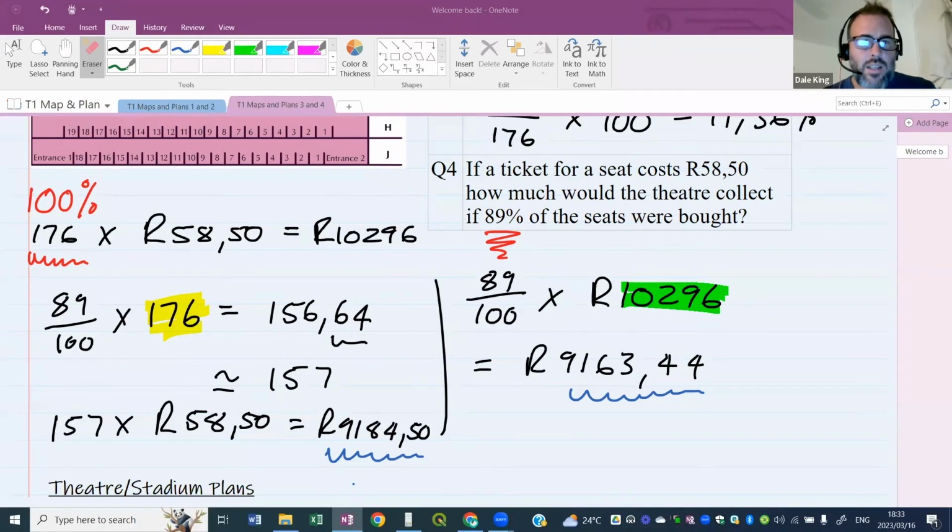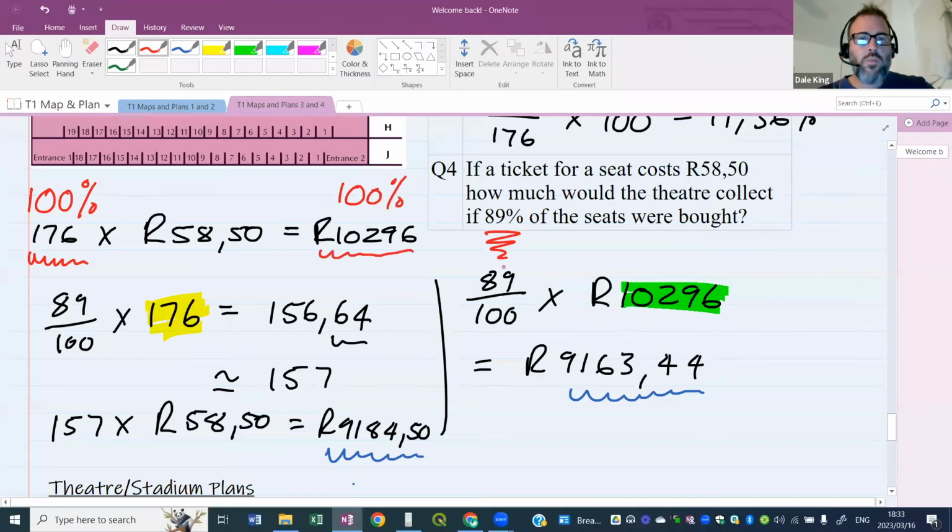Is that Nicholas? Nicholas, could you multiply by the total number of the seat cost? So on the right, I am multiplying by the total seat cost, but on the left, I'm multiplying by the total number of seats. You see, at 58 Rand 50, if you have 176 seats, 100% capacity, you get 100% of your Rand value.